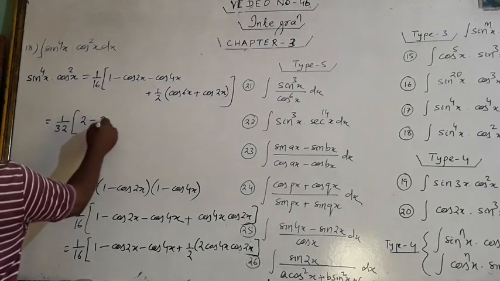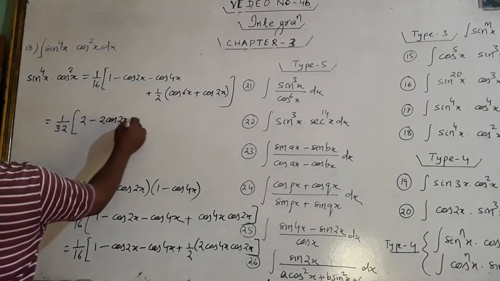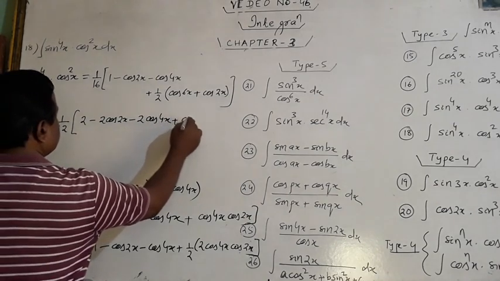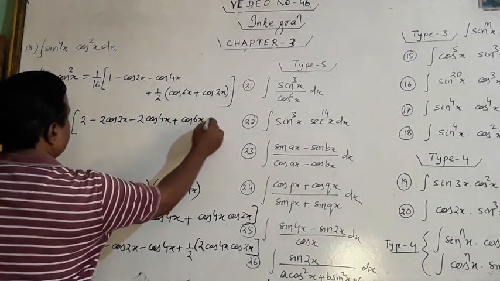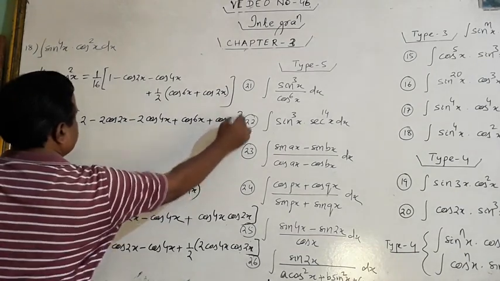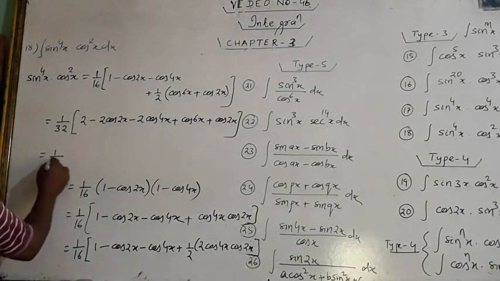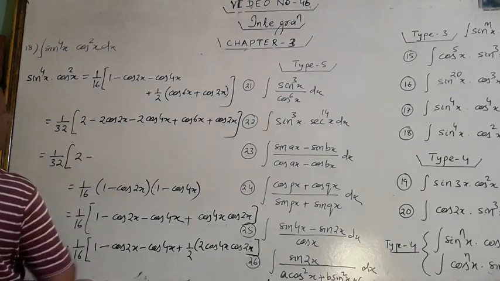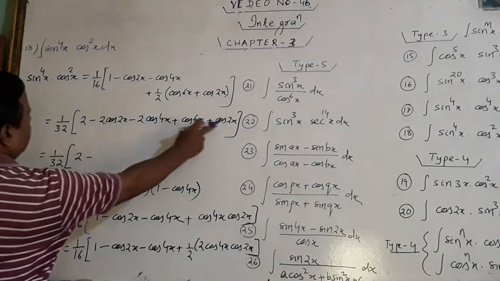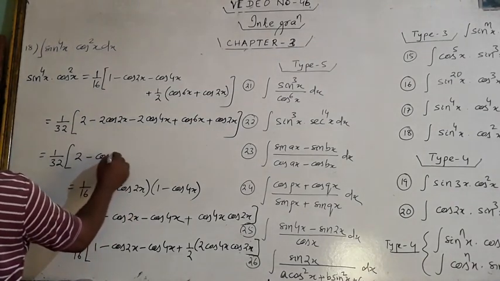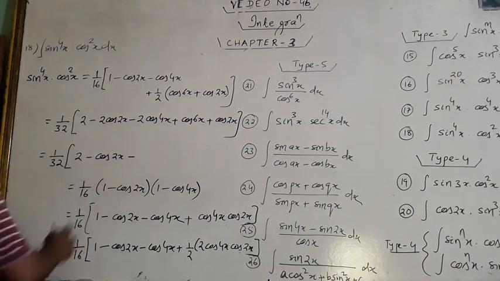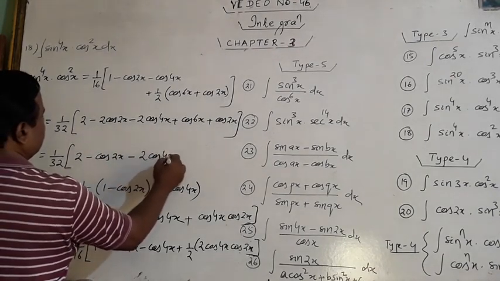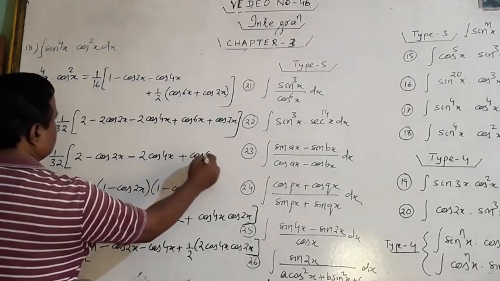2 minus 2 cos 2x minus 2 cos 4x plus cos 6x plus cos 2x. It becomes 1 by 32. 2 minus, look at here, minus 2 cos 2x plus cos 2x, it is minus cos 2x, minus 2 cos 4x, and now it is plus cos 6x.